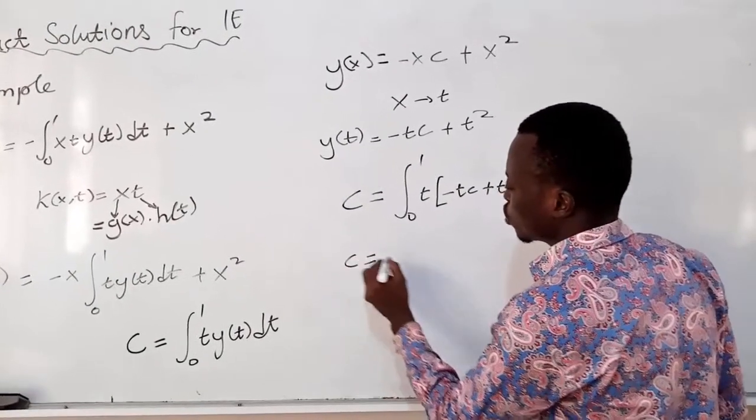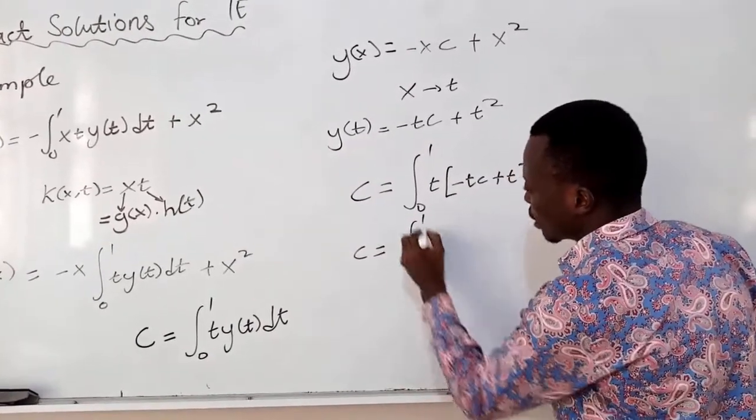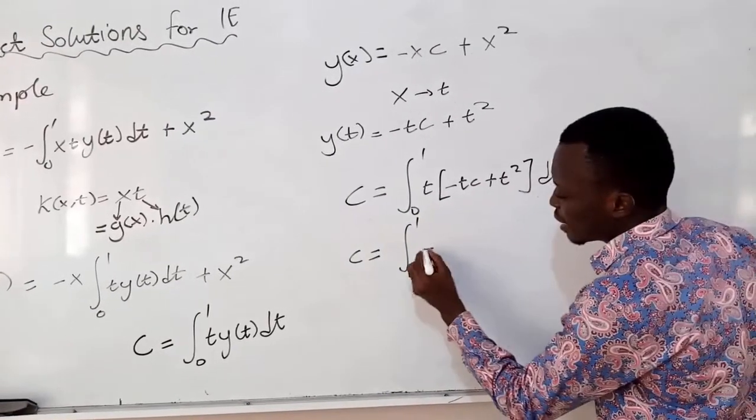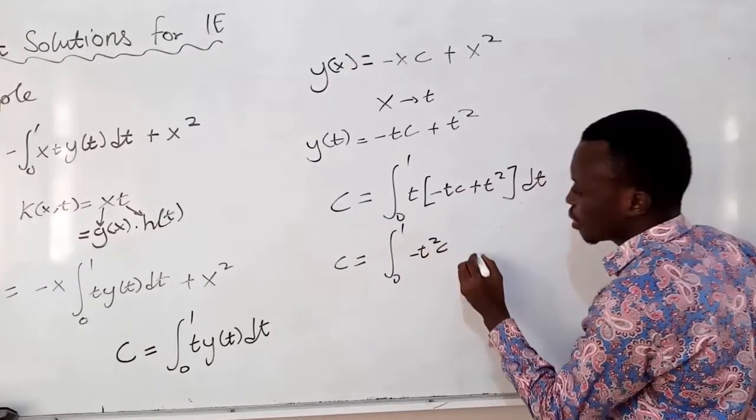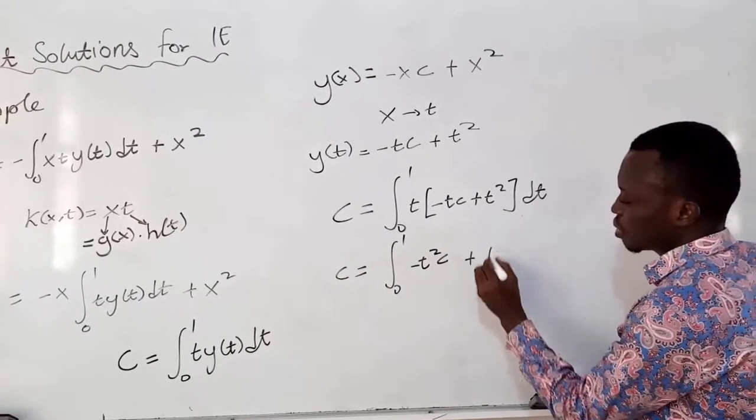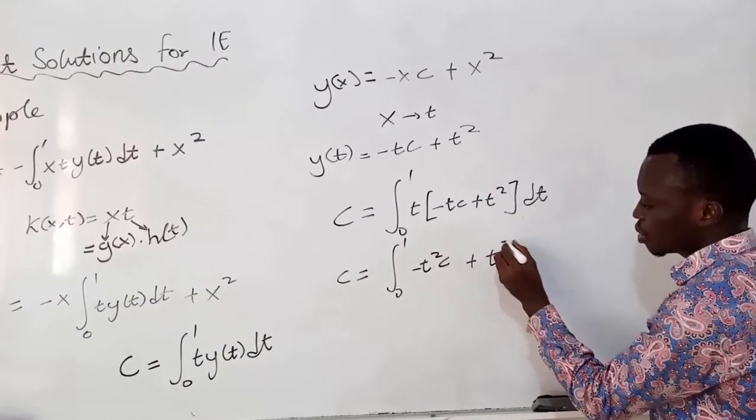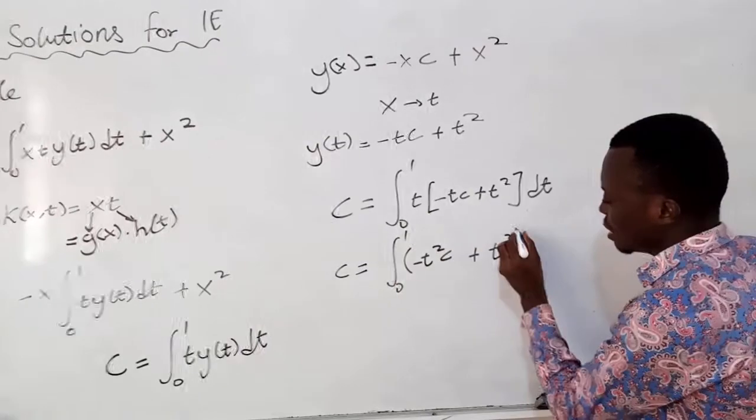Now our c is equal to the integral from 0 to 1 of t times t, which becomes minus t squared c, plus t times t squared, which becomes t cubed, all dt.